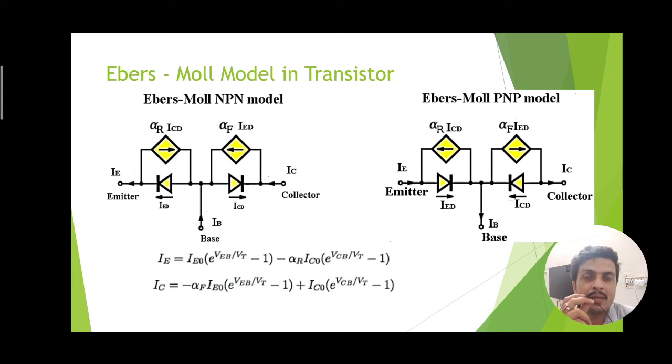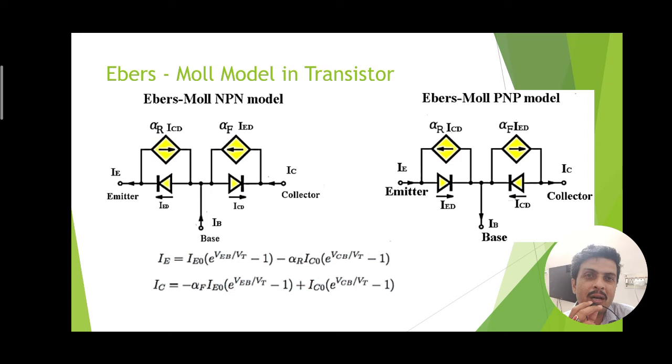So when the EBJ junction is forward biased, at that time the current flowing through the collector is alpha times the emitter current. That is why this type of current is known as the forward active operation, in which alpha F is the forward active current gain.